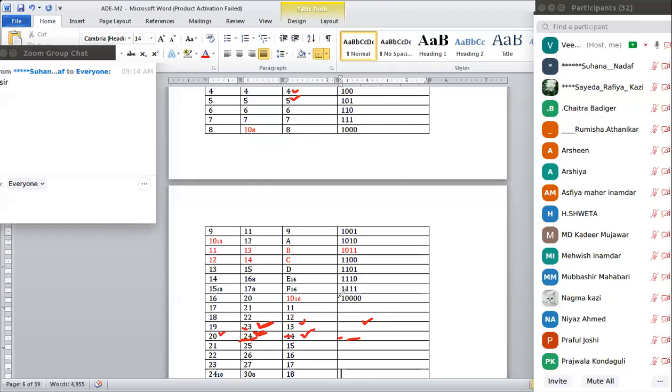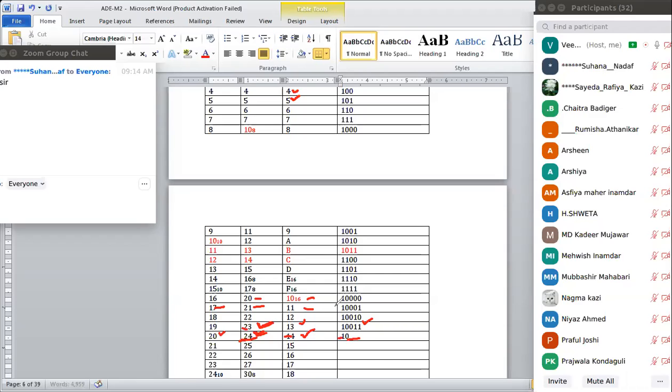Again, starting from here, 17, here it is after 20, 21, here it is 10 to 11, and here it is 1, 0, 0, 0, 1. Now here 1, 0, 0, 0, 1, 0, 2, 1, 0, 0, 1, 1, 3, that is 19.